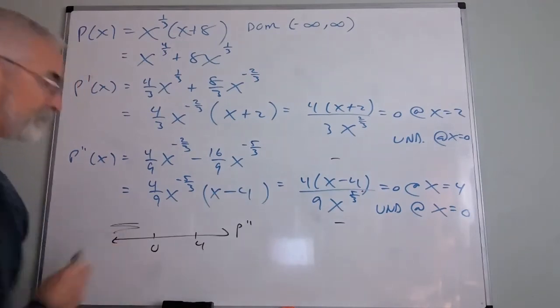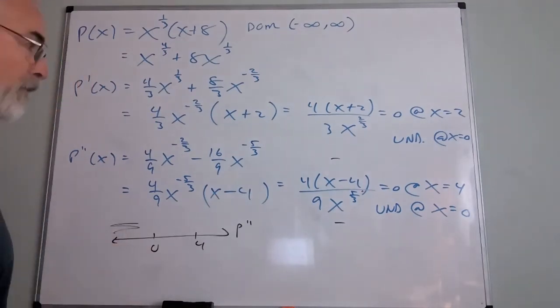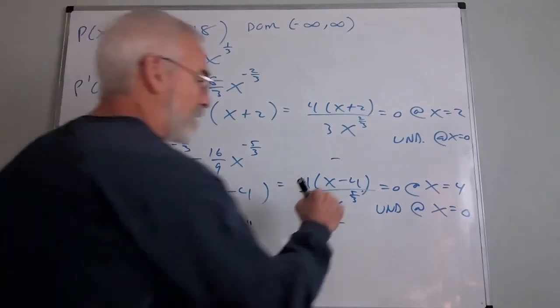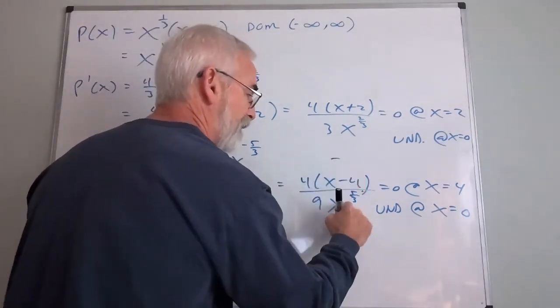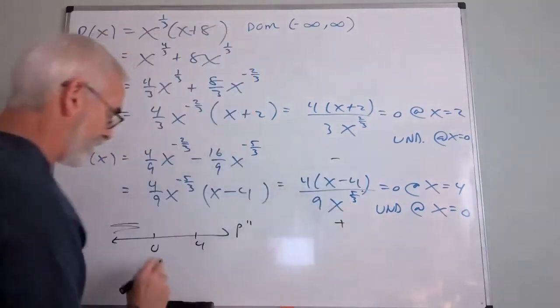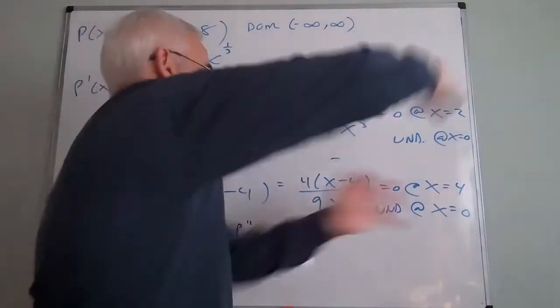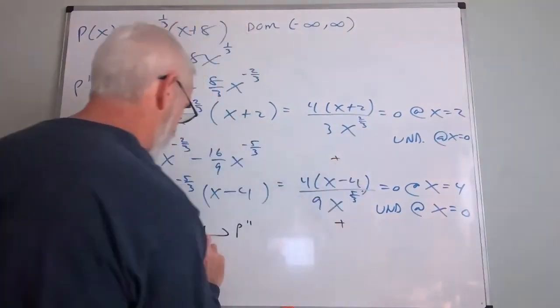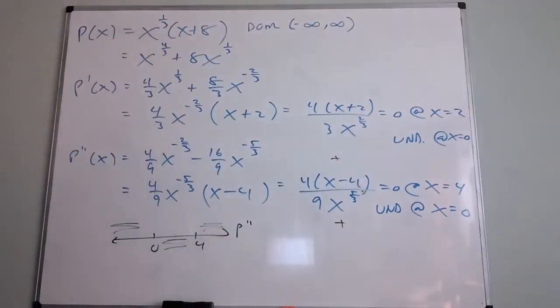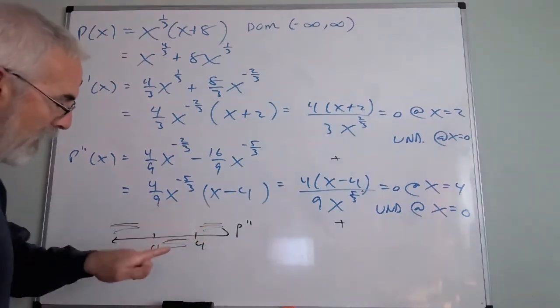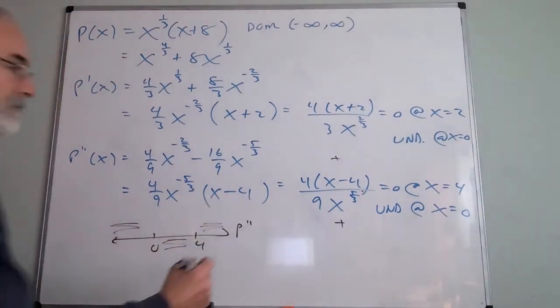So that's positive. If I pick a number between 0 and 4, like 2, 2 minus 4 is still negative, but 2 to the 5/3 is positive. And finally, if I pick a big positive number, I'm positive over positive. So I am concave up in this interval and this interval, and concave down in this interval.